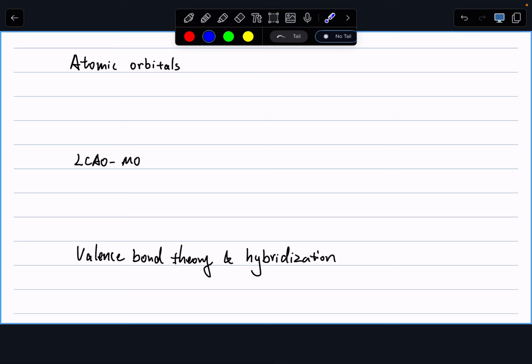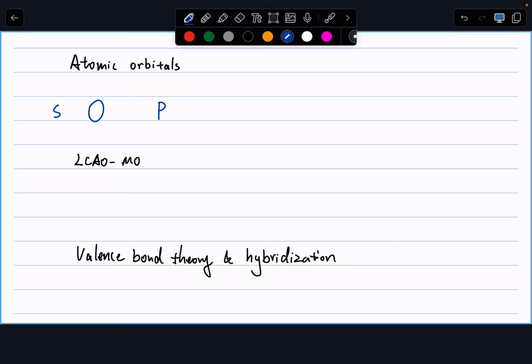For example, what are the valence atomic orbitals of carbon? That is our 2s atomic orbital and our p atomic orbitals. My s atomic orbital has a spherical shape. When we say atomic orbital, these are hydrogenic or one-electron wave functions, quantum mechanical wave functions or mathematical functions you can actually solve.